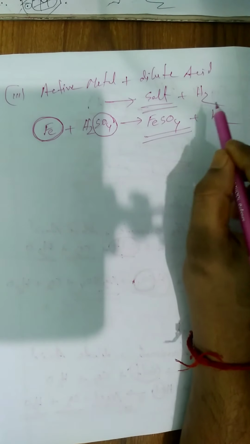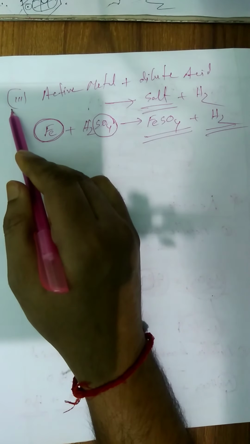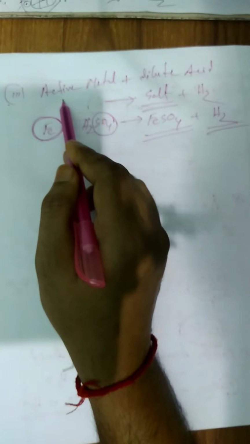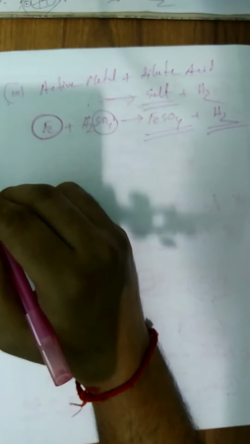This is the salt and this is the hydrogen gas. So this is the rule of active metal plus dilute acid, and salt plus H2 will be formed.